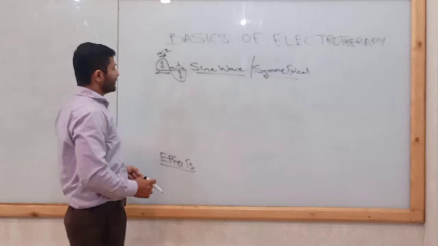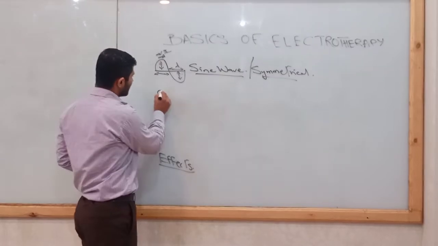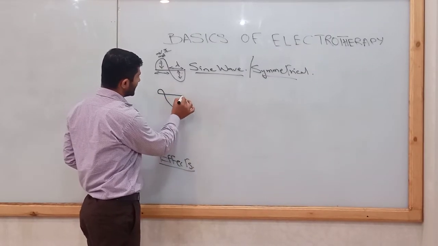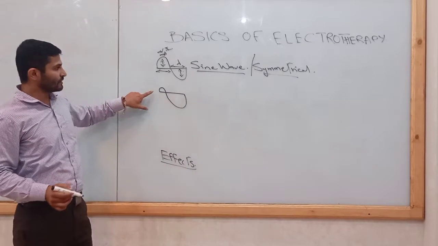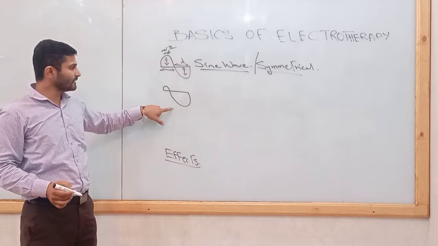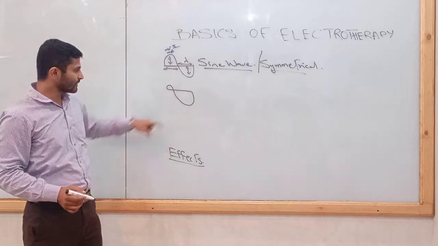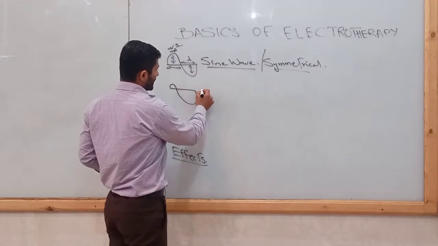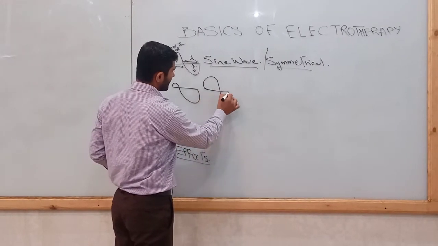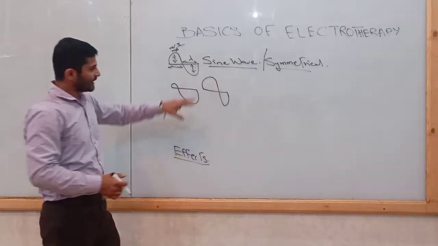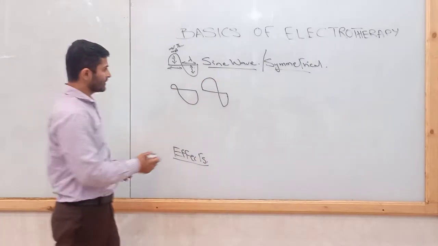But sometimes there can be an asymmetrical sine wave as well, where the positive half is reduced and the negative half is the same or increased. Or it can be vice versa, where the positive half is more and the negative half is less.